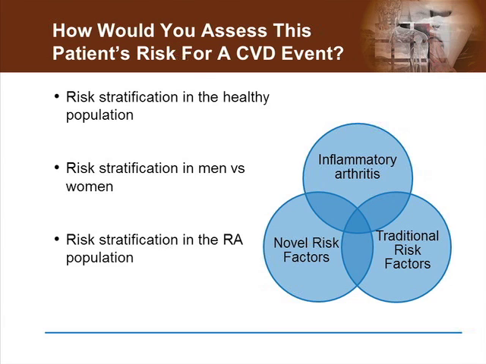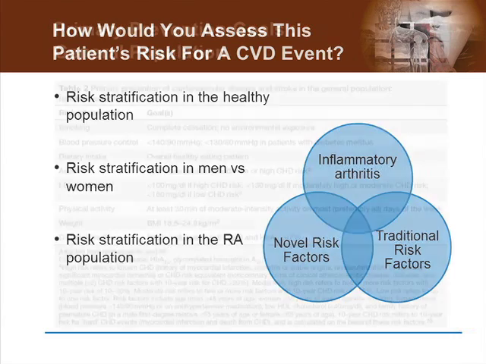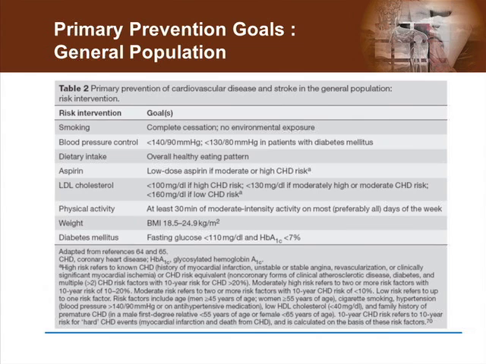So question 2, the answer is D, Framingham risk scores may underestimate her true risk. So conventional predictors that we use in the general population are probably inadequate for estimating the risk in our RA population. So how do we assess patients' risk for cardiovascular events? So there are 3 ways of looking at this. One is the risk stratification in healthy populations and using that.